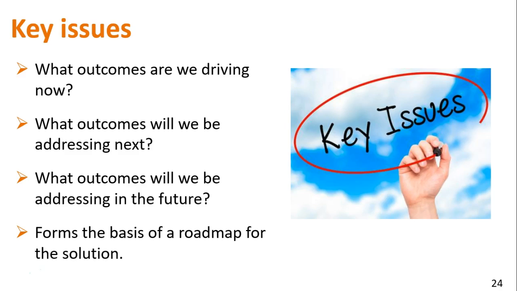So we always need to look at, for the specific pieces that we're delivering right now, what are we trying to get to, versus a little further down the road, when we've delivered this first piece, what will we be looking at next? And then longer term, what will we be looking at down the road? This all goes together to deliver a roadmap for our solution. That's one of the primary things we're looking for at this horizon: what is the roadmap.